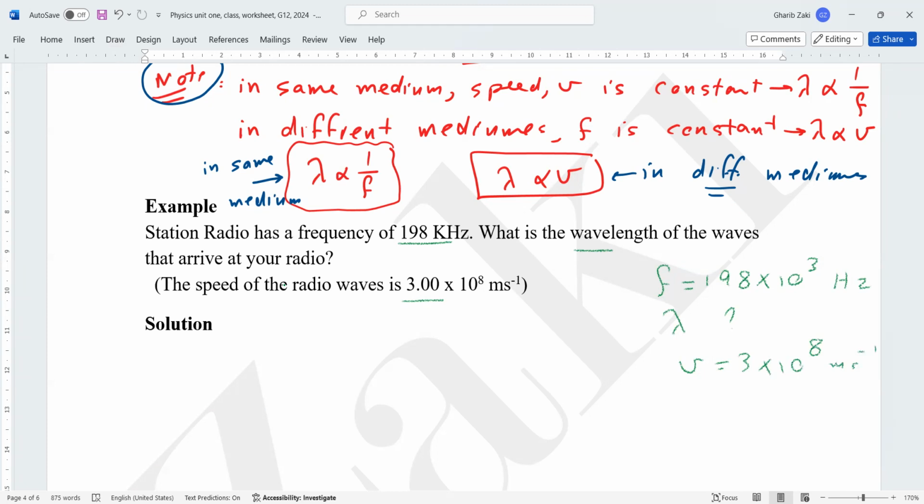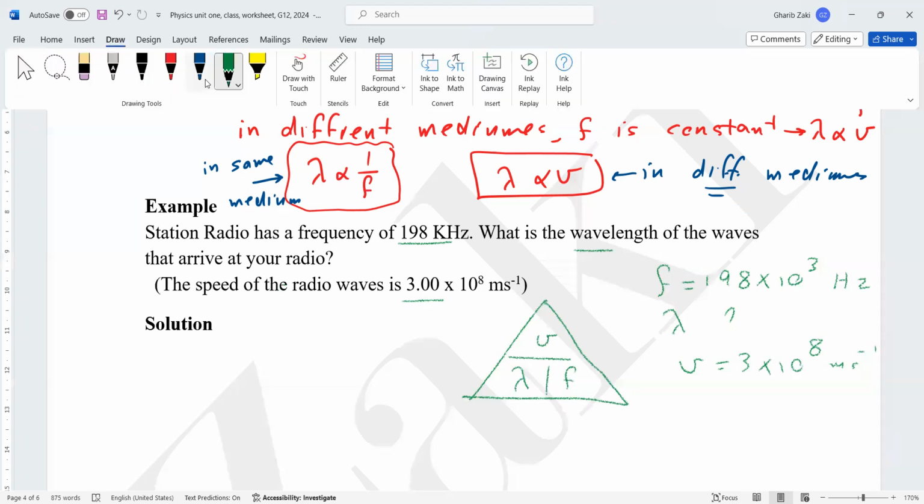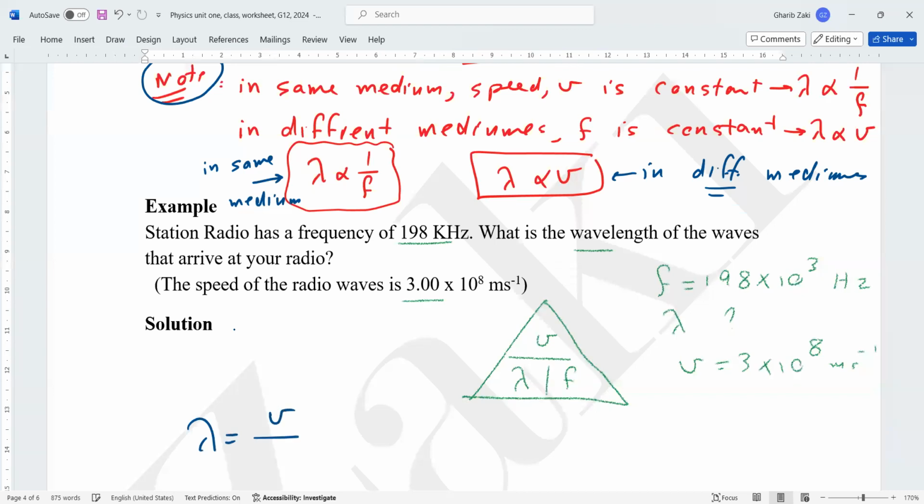Now we need lambda. Remember the rule or the triangle: v equals lambda multiplied by f. We need lambda. Then lambda equals v divided by f. v is the speed in meters per second, 3 times 10 to the power 8, divided by the frequency in hertz, 198 multiplied by 10 to the power 3.